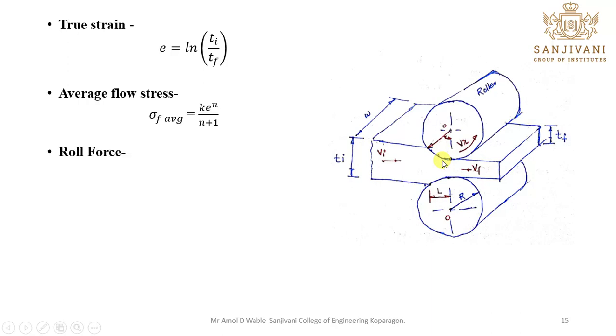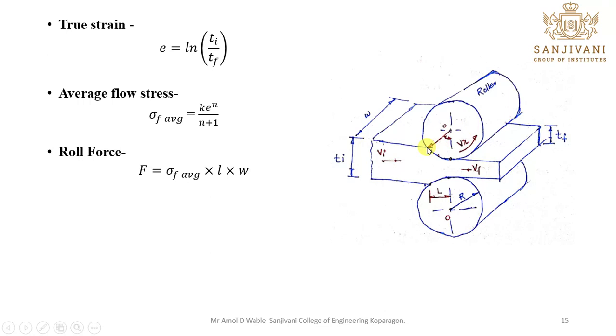Then roll force, we know that it will be calculated as stress into area, as stress is equal to force divided by area. So the force will be the average flow stress into area. Now which area do we have to take? The area which is actually going to be deformed. So this will be the area which is going to be deformed, the arc.